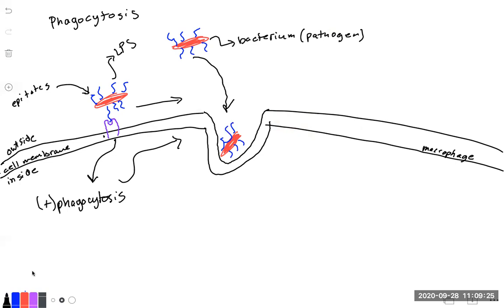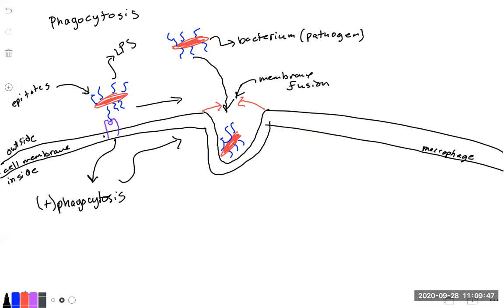And as we've seen many times before, we have proteins on the plasma membrane that are going to pull these sides towards each other, and they will fuse. So right there will be membrane fusion.